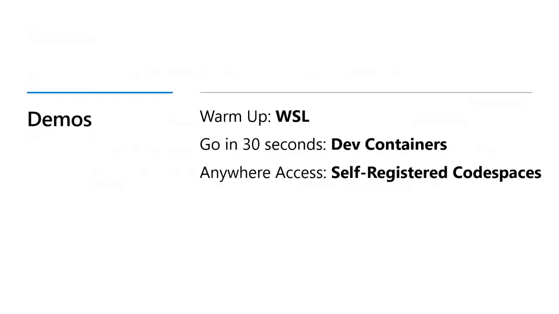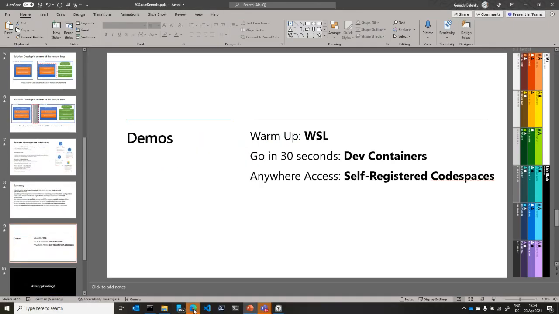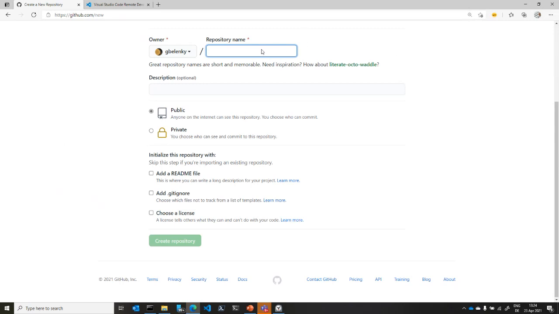So that's basically it. So let's start with the development. Let's start right at the beginning. Let's go to GitHub and create a new repository. It will be called remote VS Code. Let's just create it.